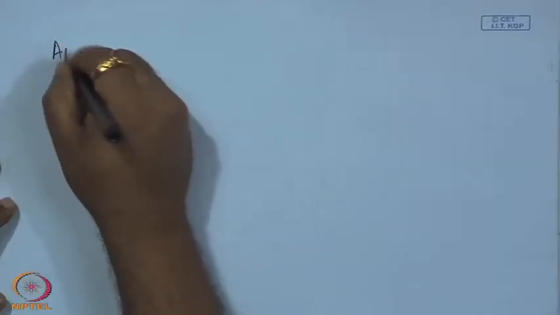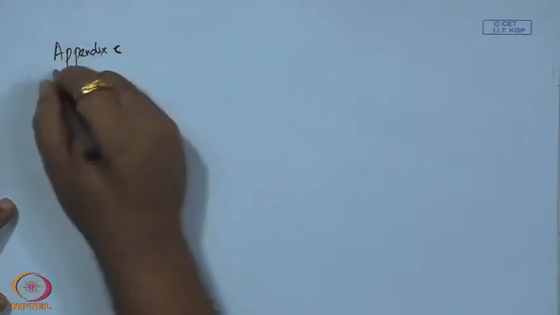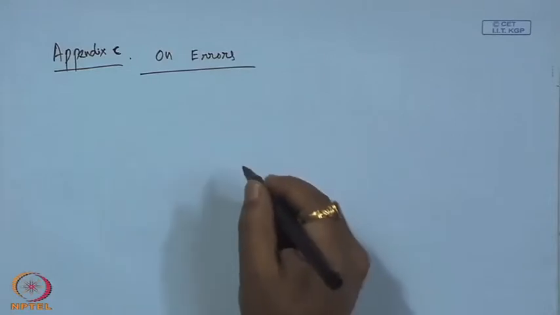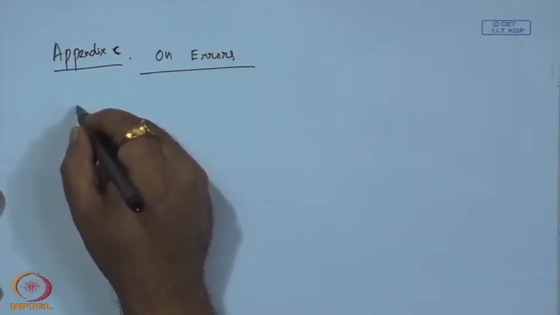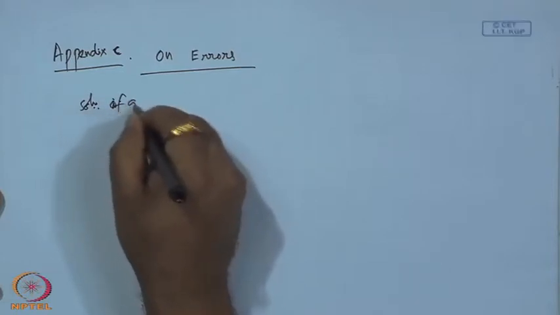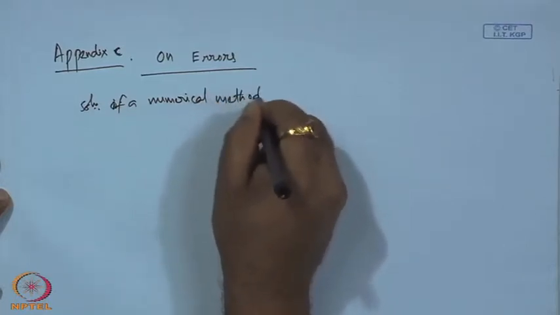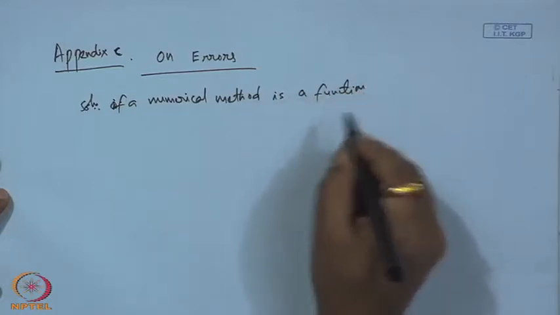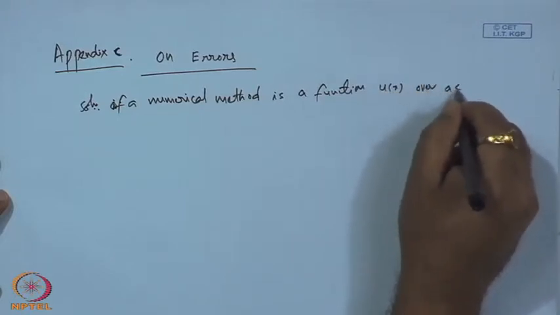So, now suppose we have a solution of a numerical method is a function u of x over some interval.